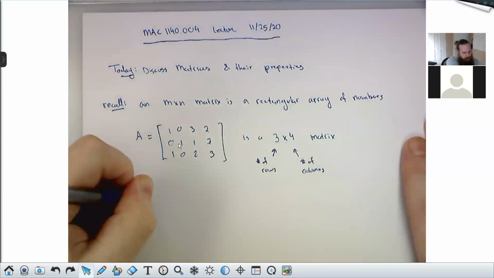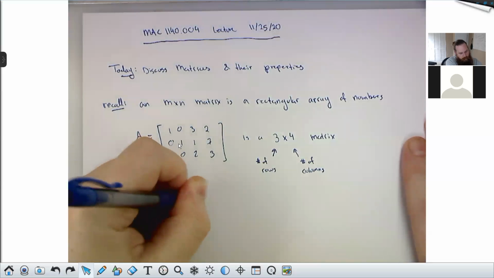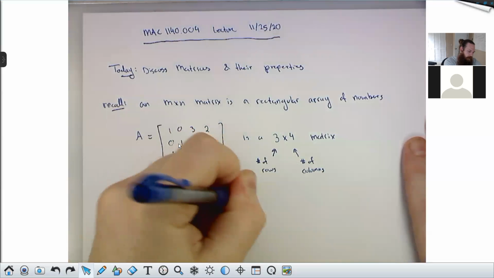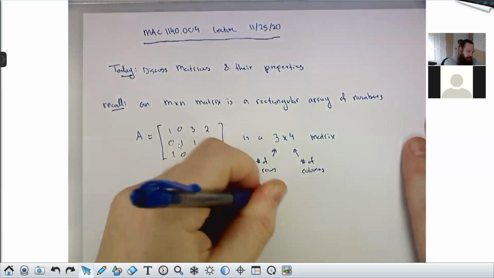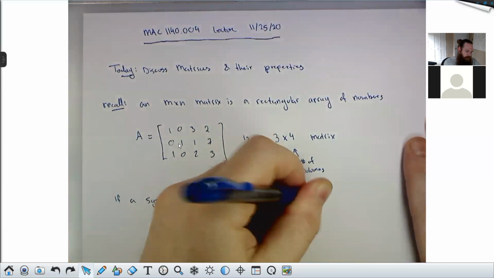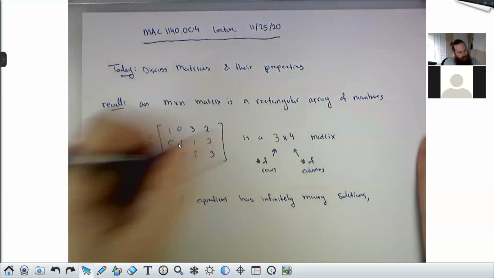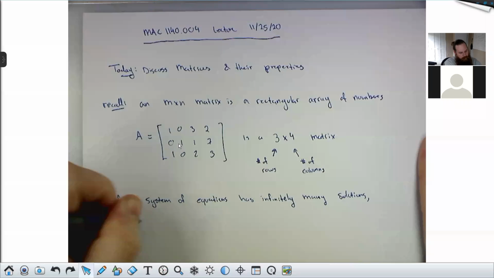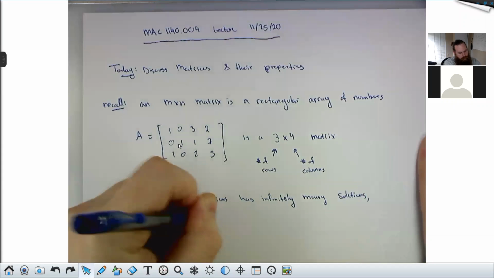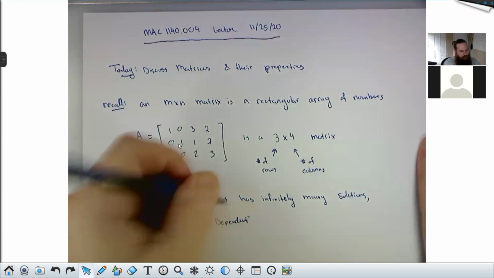If a system of equations has infinitely many solutions, then we call it a dependent system.